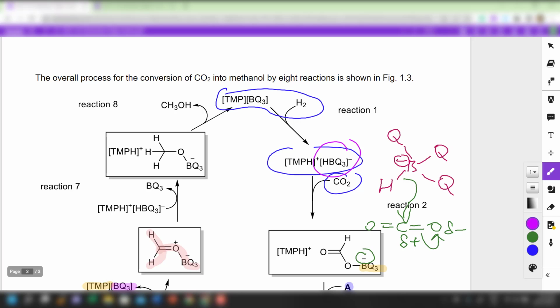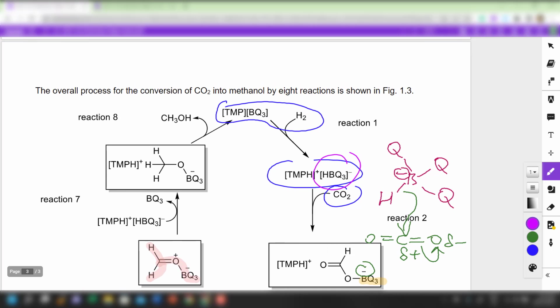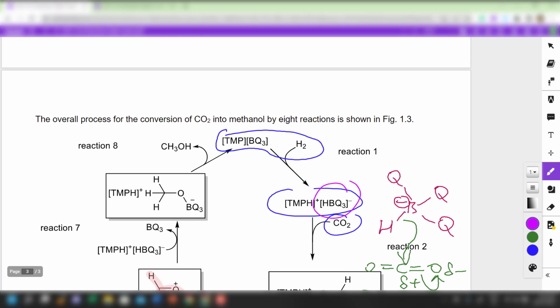Okay, so first of all, I expect again the oxygen center to be protonated. Okay, because that will be the simplest idea of all.